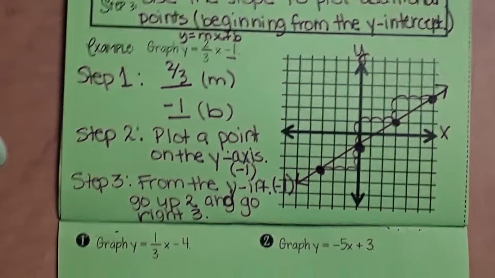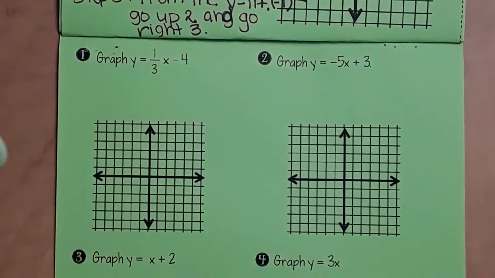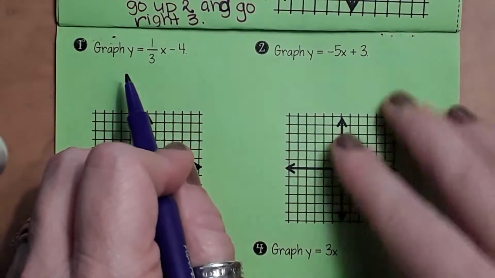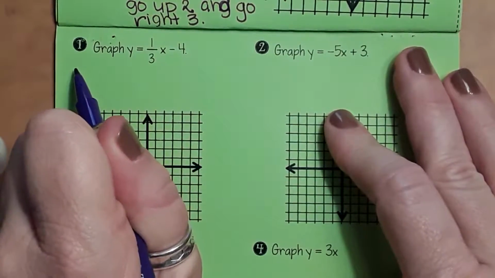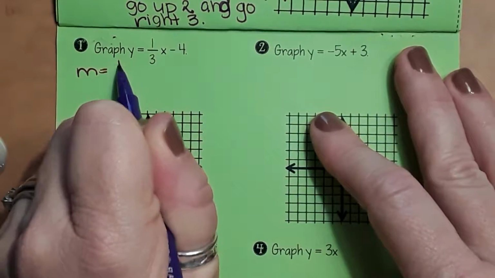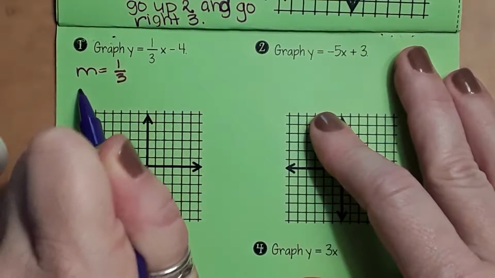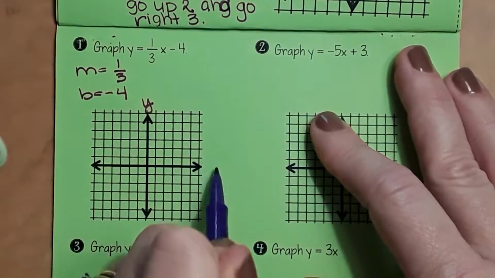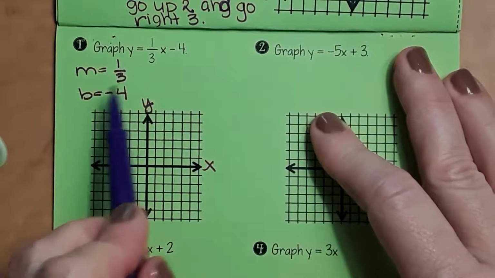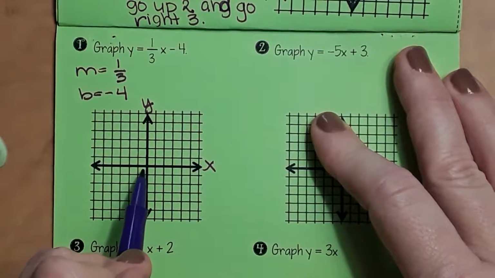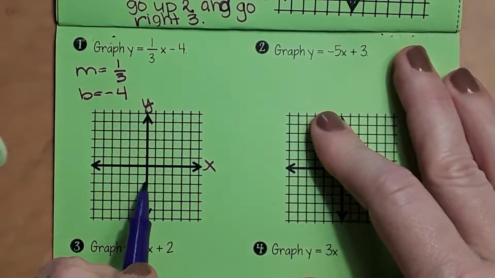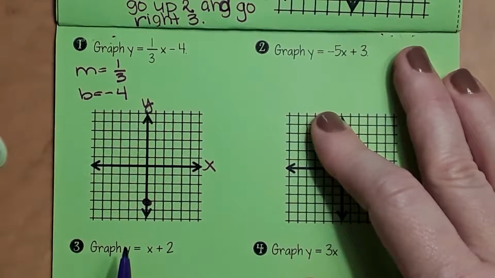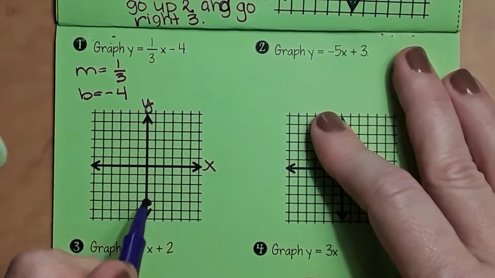All right, let's look at example number 1. We're going to try this together. The first thing it says is to identify your m and your b. So my m in this case is 1/3, and my b is a -4. I'm going to label my y and x axis starting at a -4. That's below the x line, so we're going to count -1, -2, -3, -4. All right, we're going to go up and to the right.